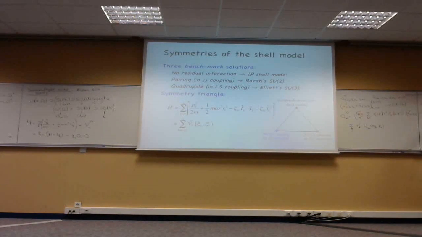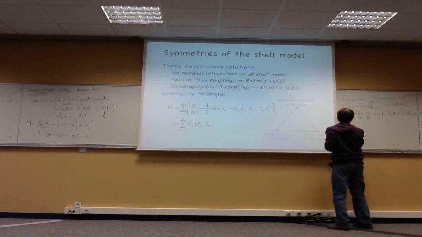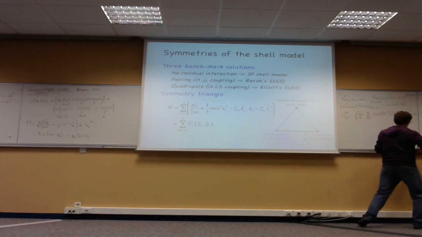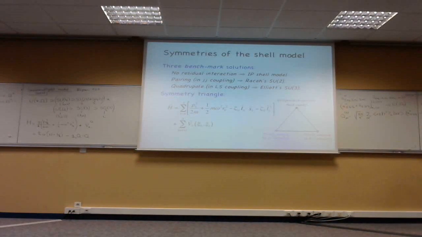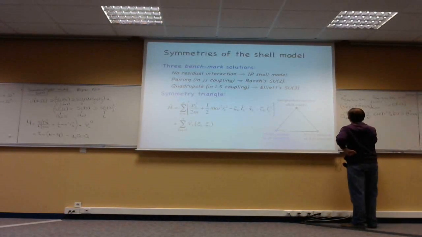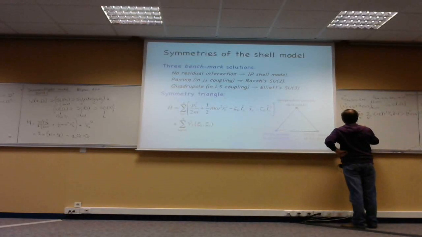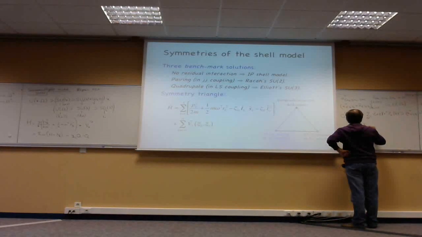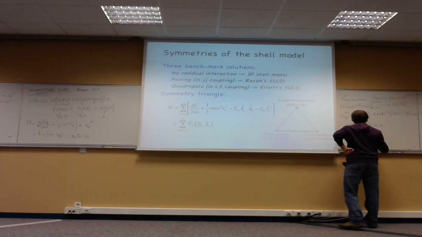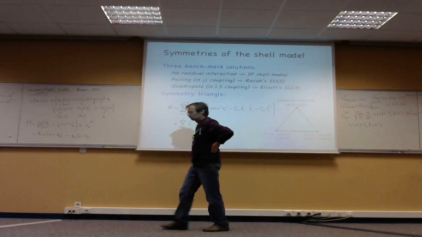We consider one major shell, so if we know n and l, we know n and vice versa. So this now becomes a matter of calculating matrix elements. So you have two matrix elements in particular, so you have this one.